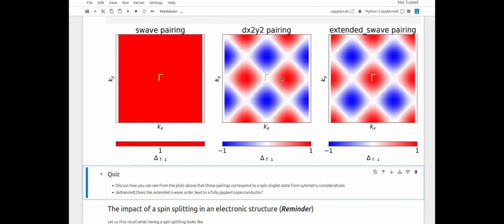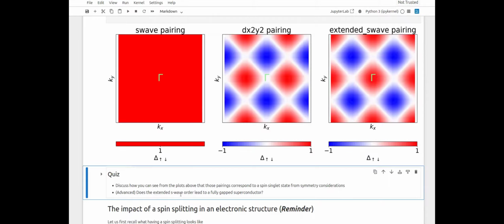This superconducting order is also even in momentum space, right? Because if you go from plus k to minus k, you always get that the color is the same. So here it is red, and at minus k it is also red. And if you start in this loop, then minus k is also blue. And the same applies for extended S-wave. So in practice, to know if you have a singlet superconducting order, you just need to check if the superconducting order is even, meaning that when you go from plus k to minus k, the sign of the gap does not change.